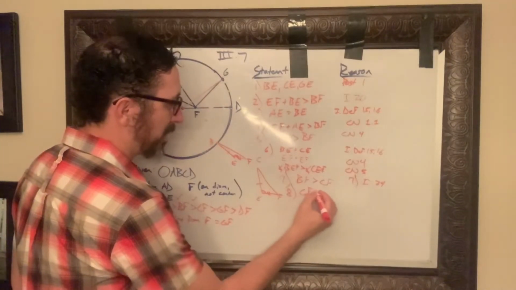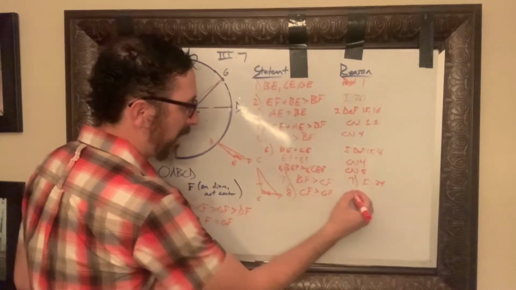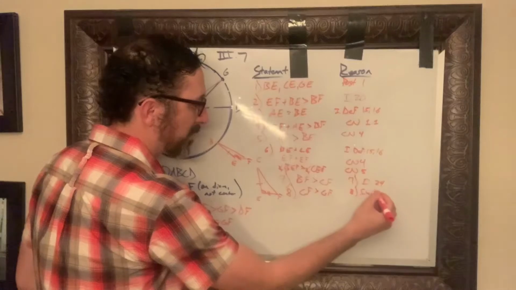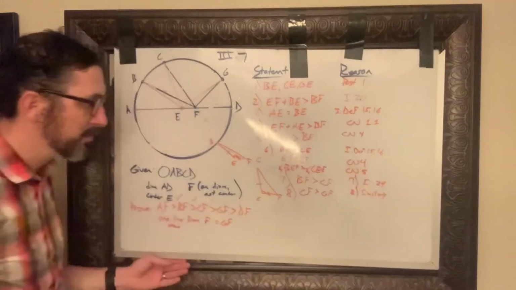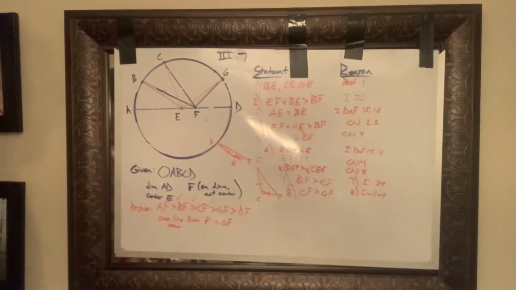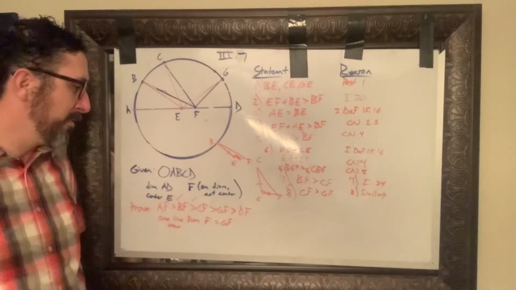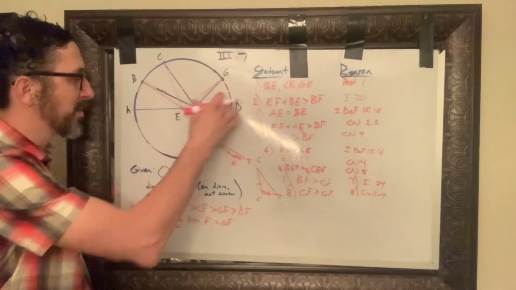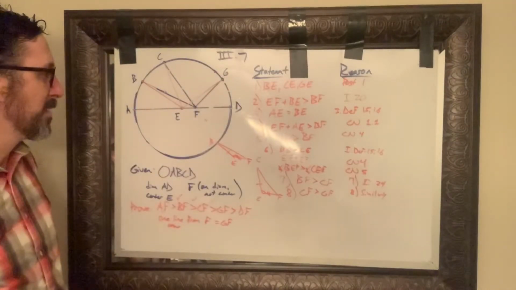We could do all the same stuff, but we won't. From there, what we have left is to show that GF is equal to FD.